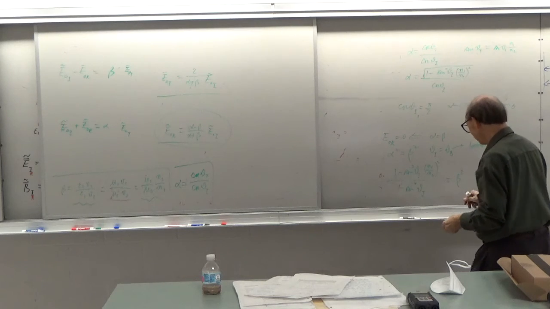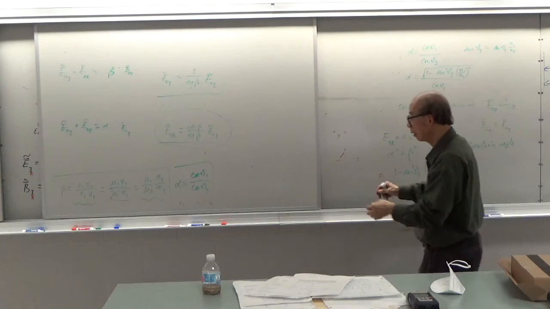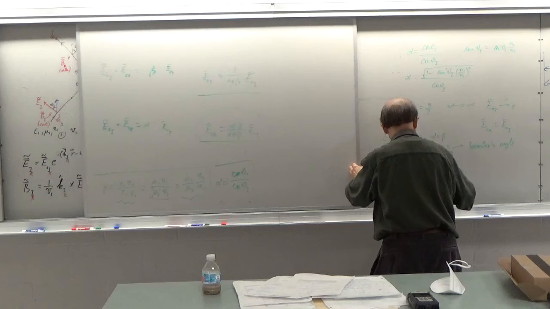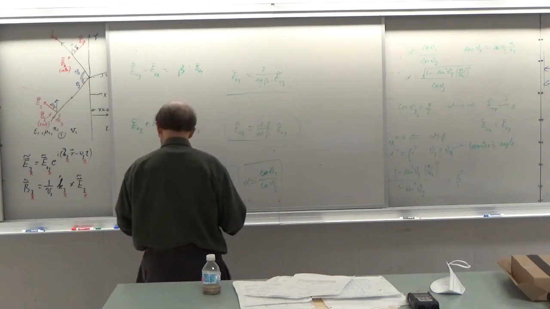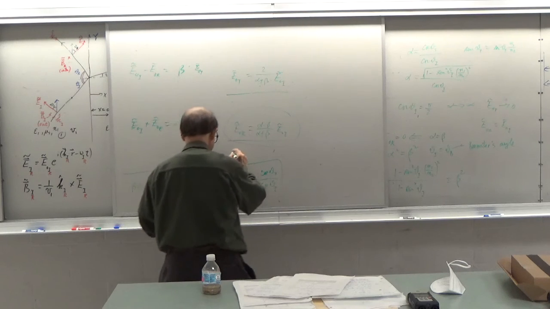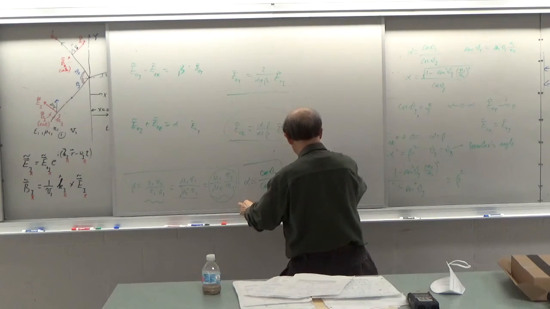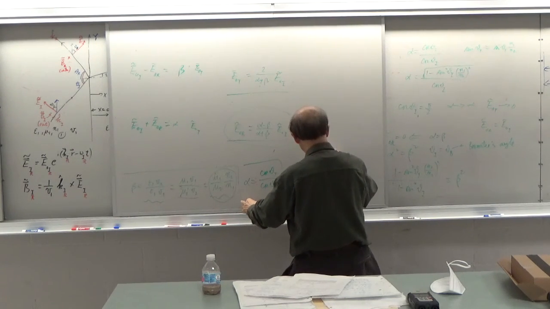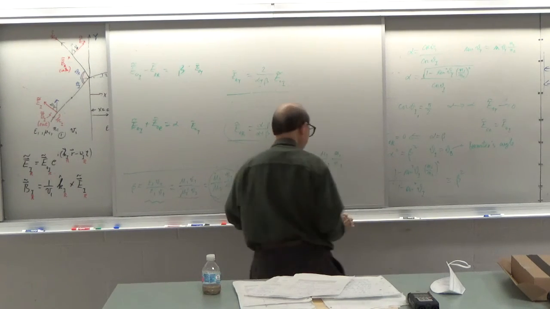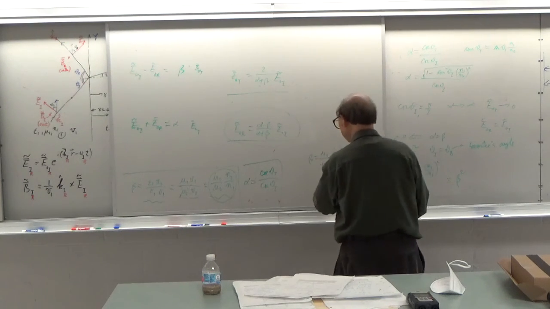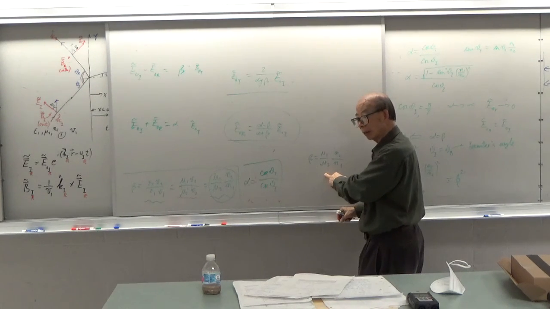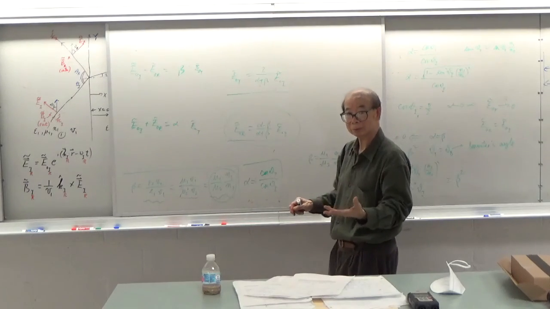At this point, let me take a look at the expression for beta. Beta is given by mu1 over mu2 times n2 over n1. But the permeability for most media are very comparable, they're equal.